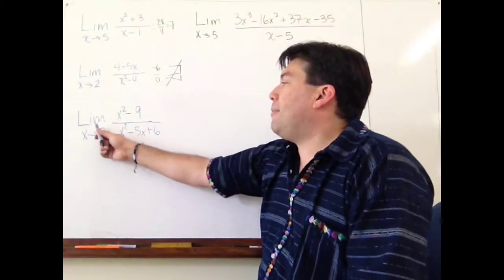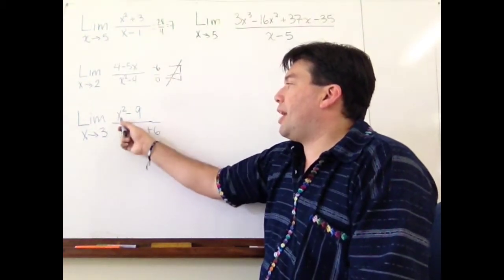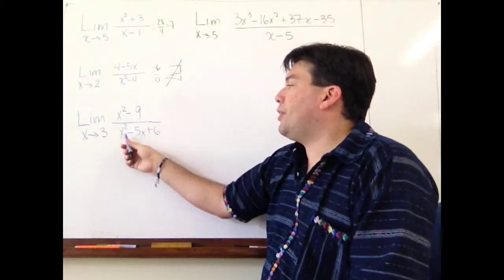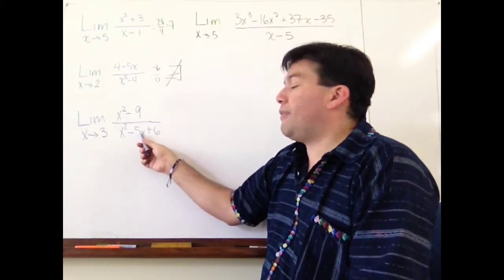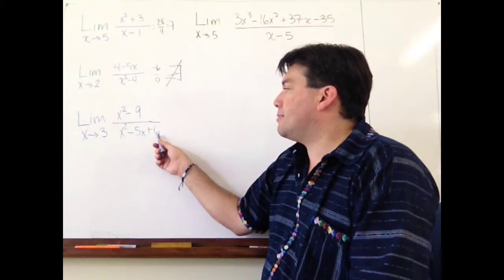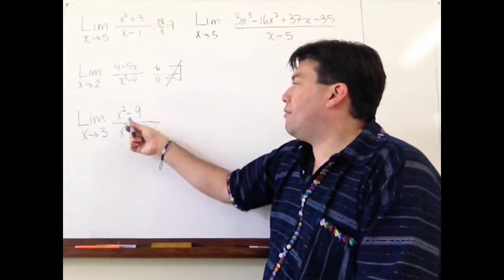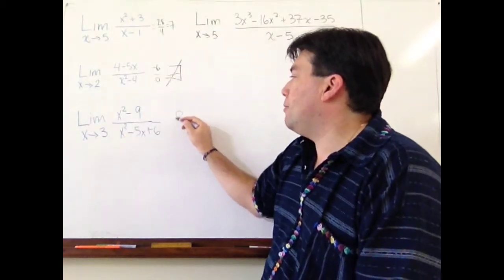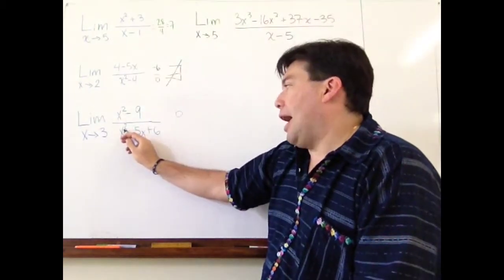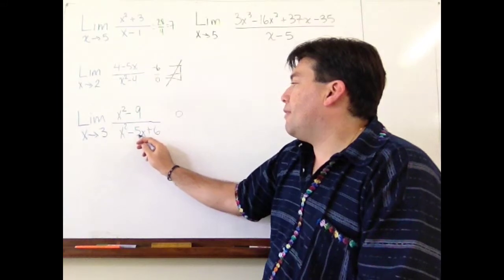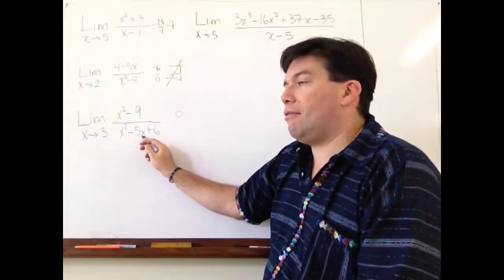Let's say the limit as x approaches 3 of x squared minus 9 over x squared minus 5x plus 6. I'll substitute again. 3 squared minus 9, it's 9 minus 9, that's 0. 3 squared, 9, minus 5 times 3, 15.